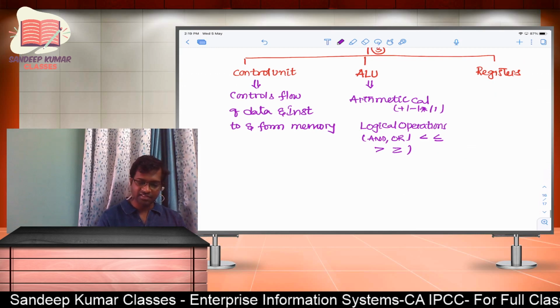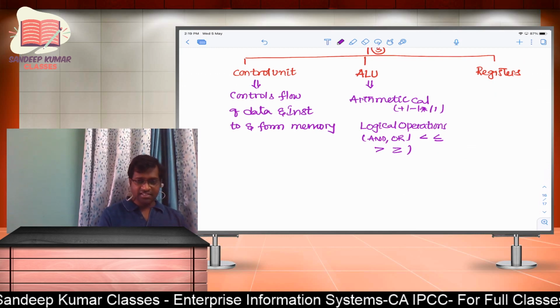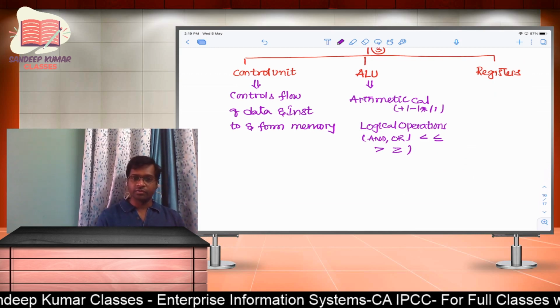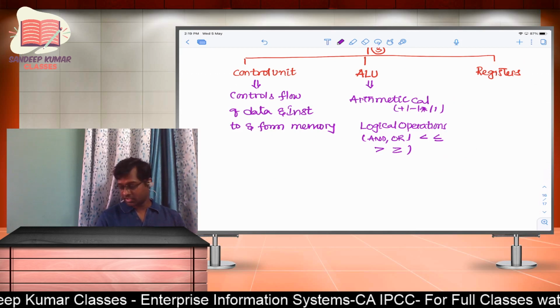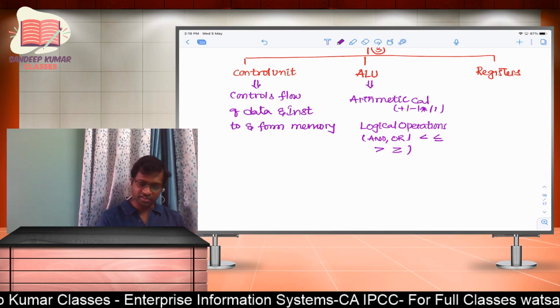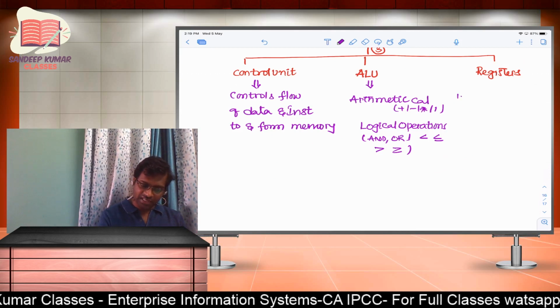And third one is registers. These registers are further classified into four types. How many types of registers do we have?